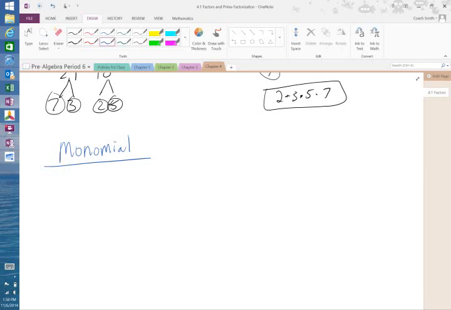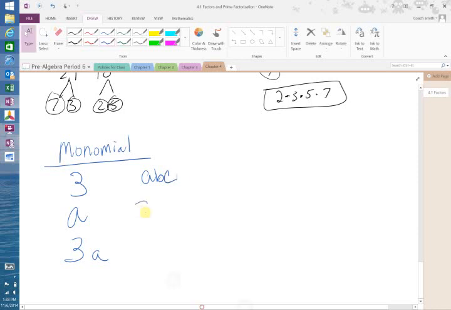So a monomial could be 3, could be A, could be 3A, could be ABC, could be 3A squared, could be XY squared. Those are all monomials.